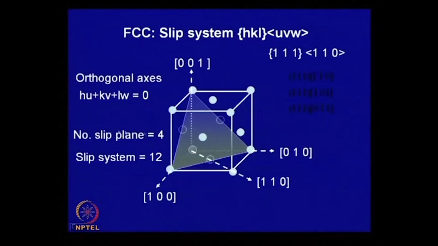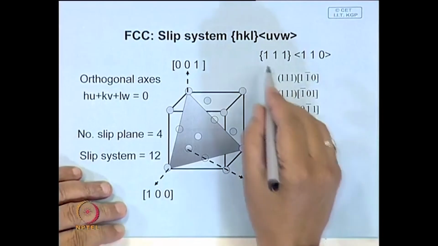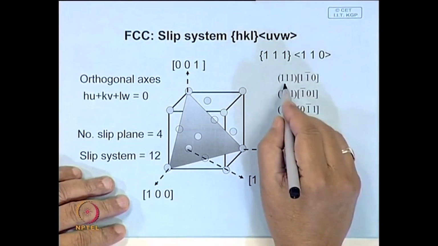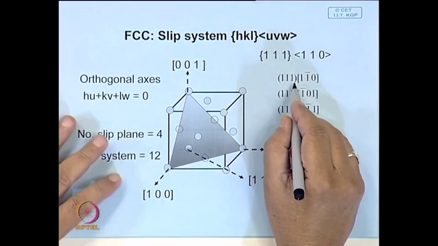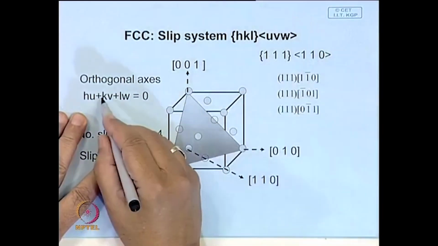There are 4 such slip planes 1 1 1, and if you try and look at this here, 1 1 1 is a plane. Now, you try and find out which 1 1 0 direction will lie on this.